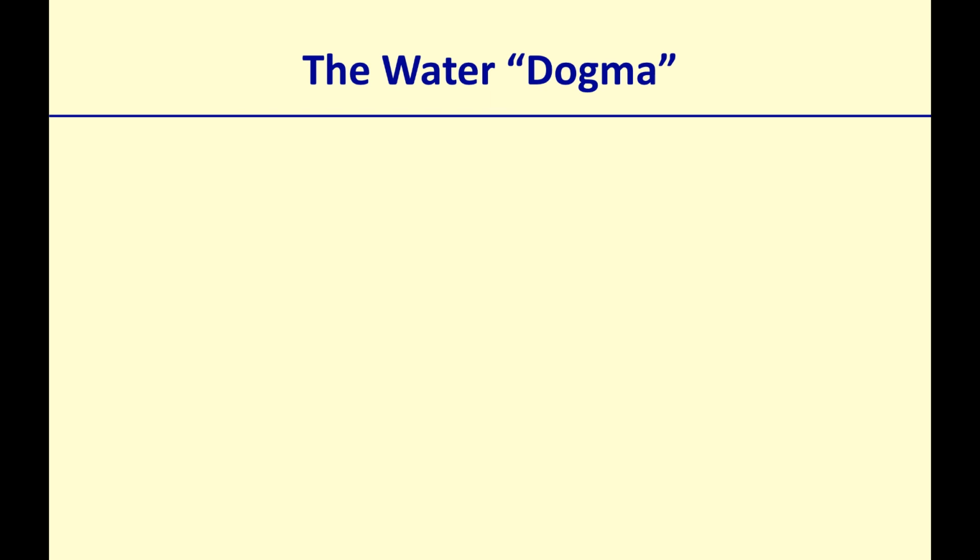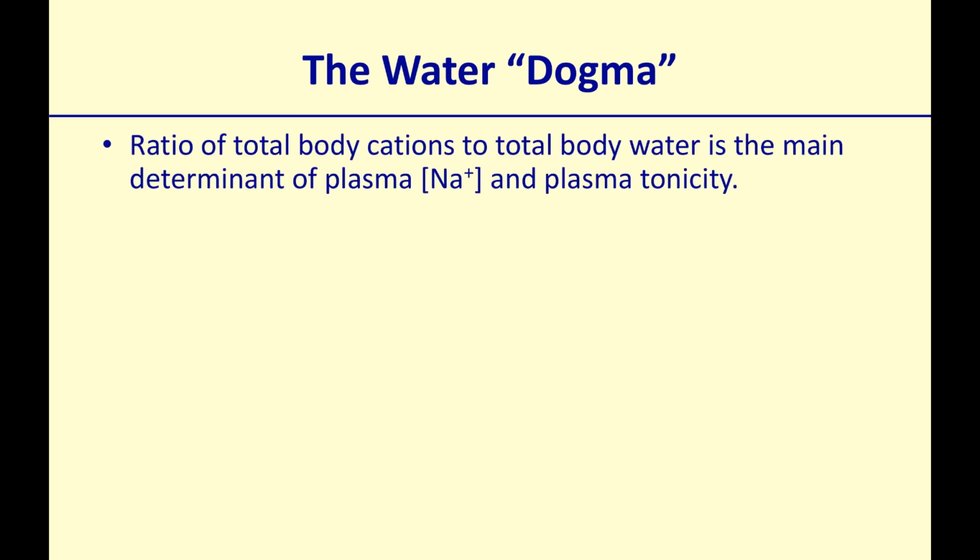So, summarizing all of this, we can enunciate the water dogma. What is the water dogma? It says that the ratio of total body cations to total body water is the main determinant of plasma sodium concentration and plasma tonicity. By total body cations, I'm talking about sodium and potassium.